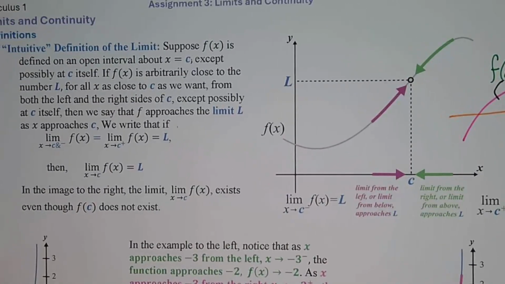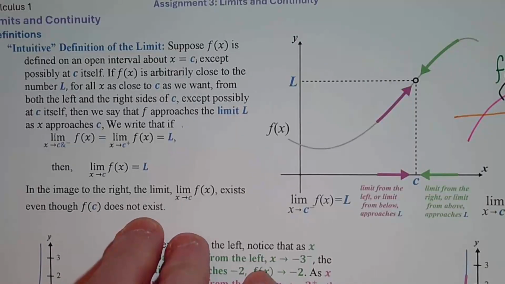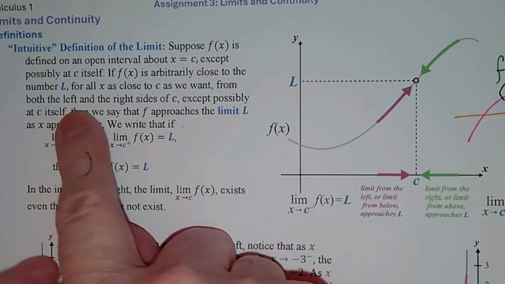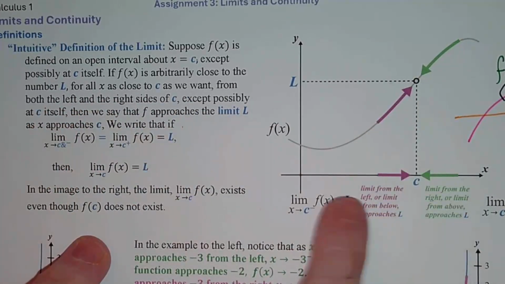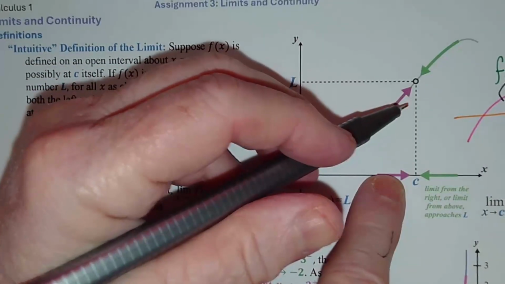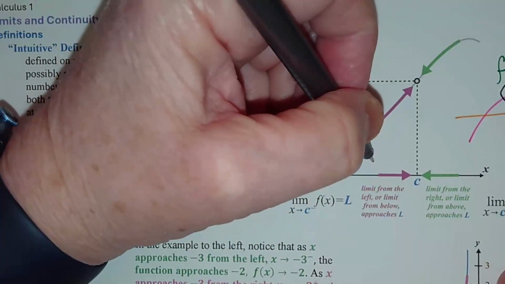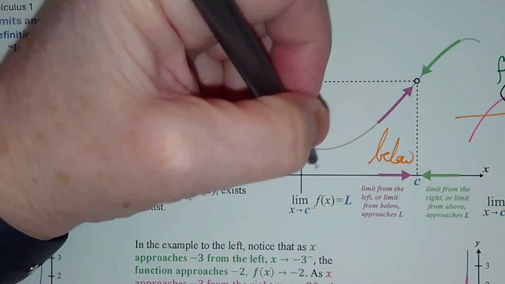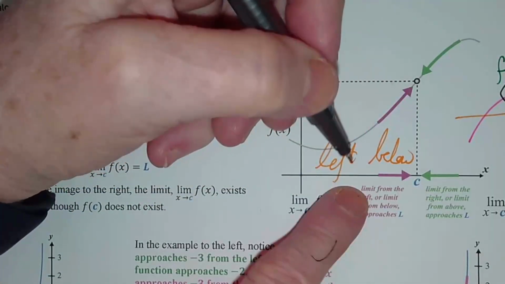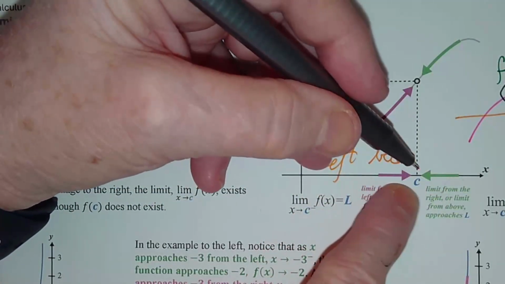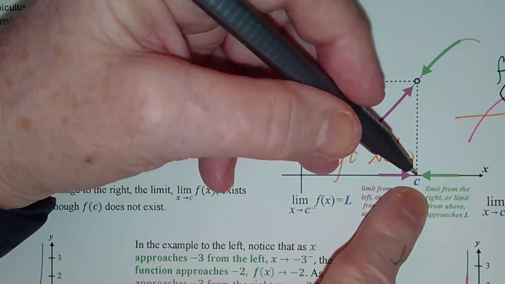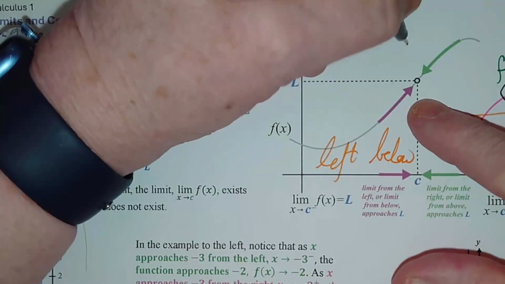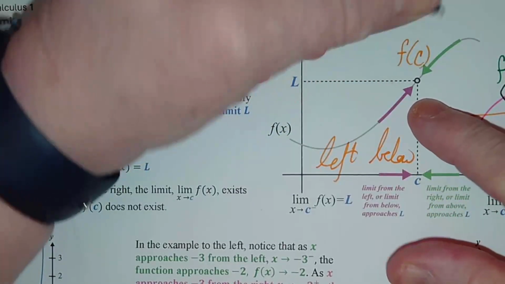And in order for this limit to exist, we need to be able to approach from below or from the left. So here this is below or left. So as we're getting x values that get closer and closer to c, we're looking at f of x values that get closer and closer to f of c.